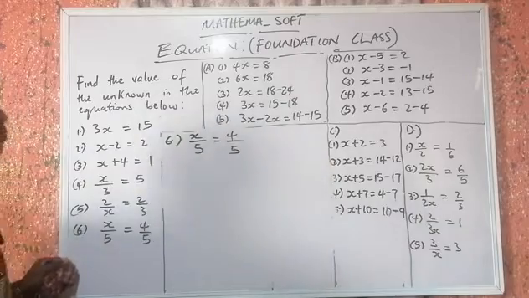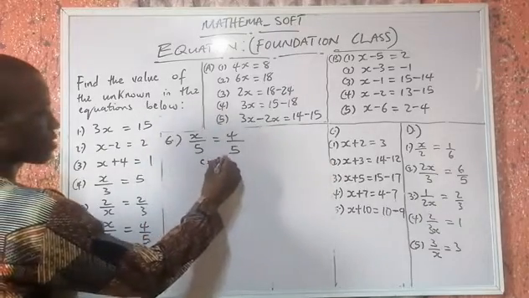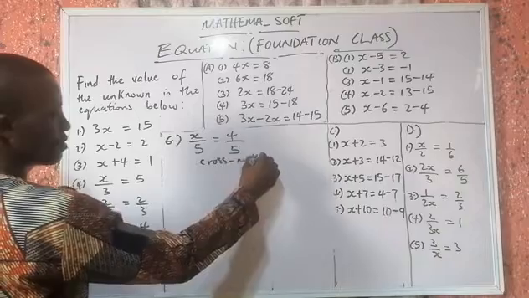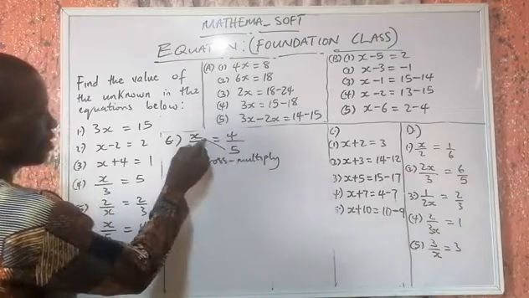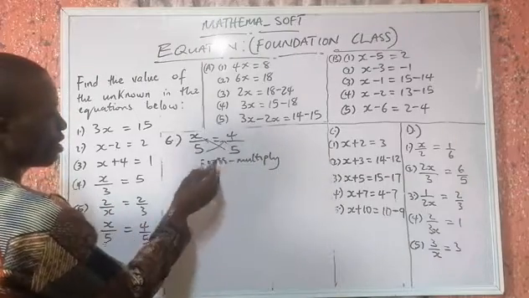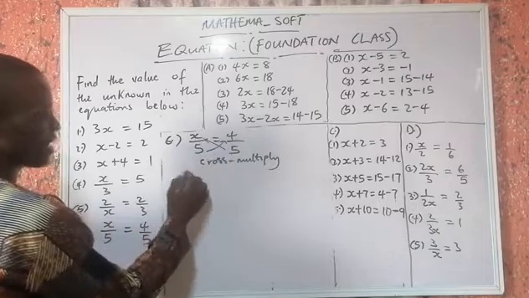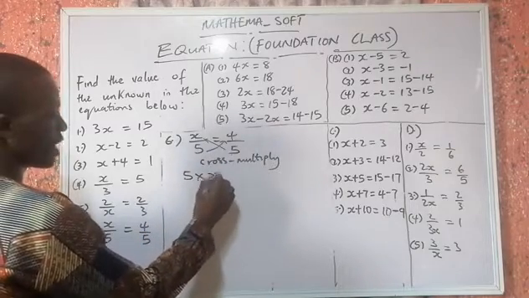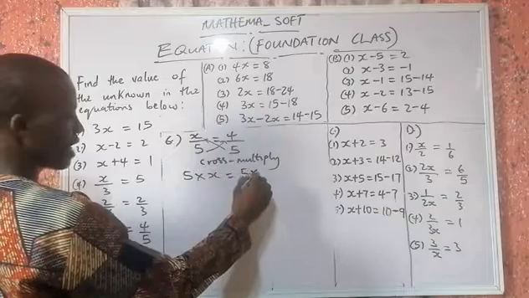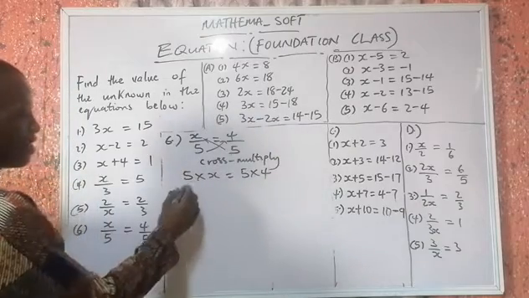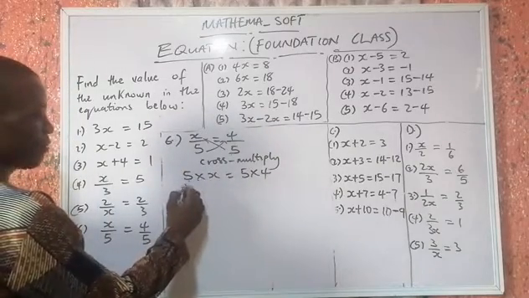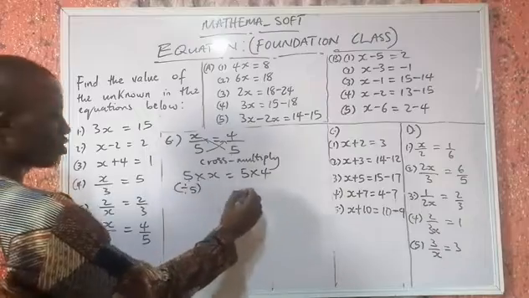So the same way, I can cross multiply this to this to this. But because this is the one that will give me x, let me first do it. That's 5 times x equals 5 times 4. Now this 5 is attached to this x by multiplication, so I will use division to remove it.